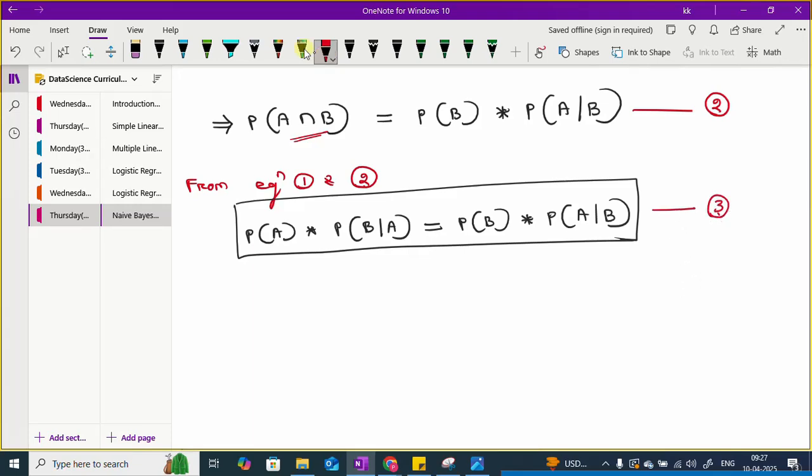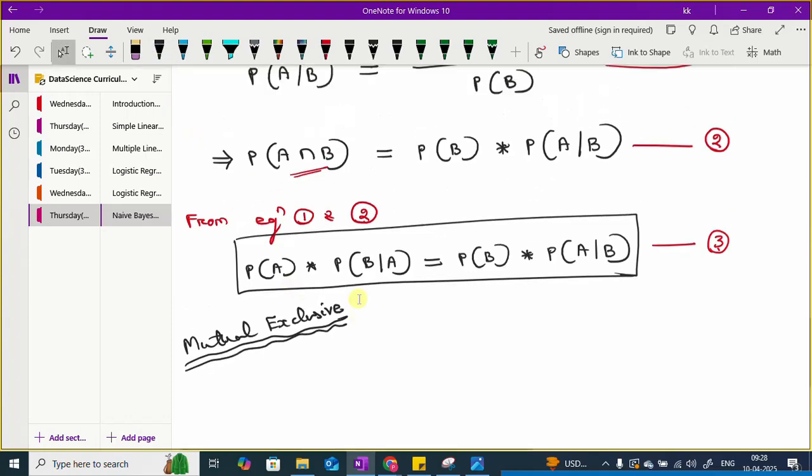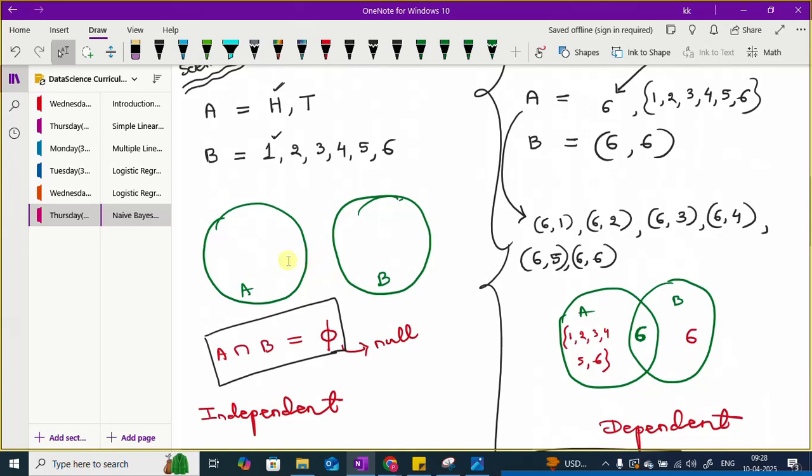Now, there's another common concept in the picture, that is mutual exclusion. What is mutual exclusive? I will explain, just hold your excitement. Mutual exclusive means scenario number 1: both are independent of each other and there is no common term between them. If there is a common area between them, that is called non-mutual exclusive.